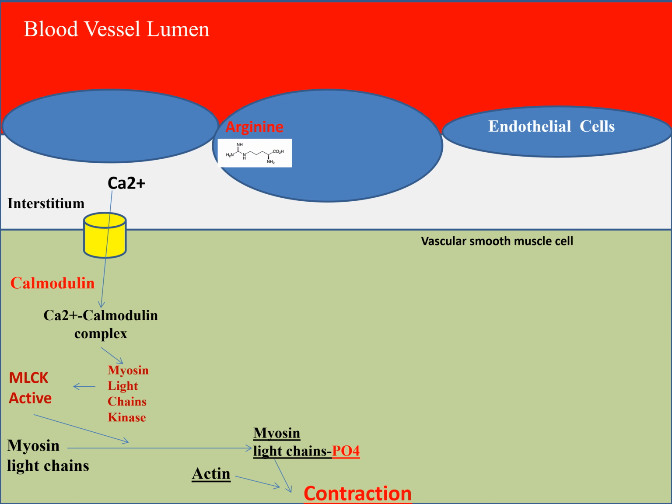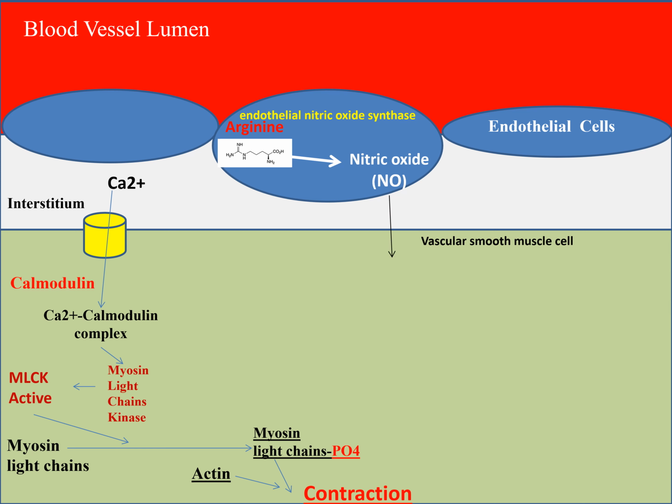On the other hand, in the endothelial cells we have the amino acid L-arginine, in the presence of a specific enzyme, nitric oxide synthase, which in the presence of molecular oxygen and NADPH will be producing and releasing nitric oxide. Nitric oxide will diffuse through the cell membrane.